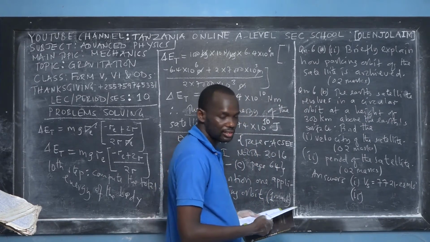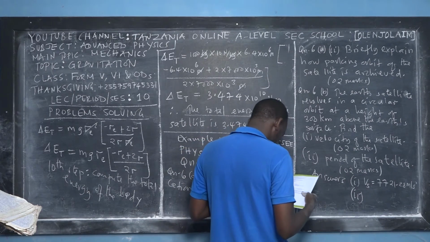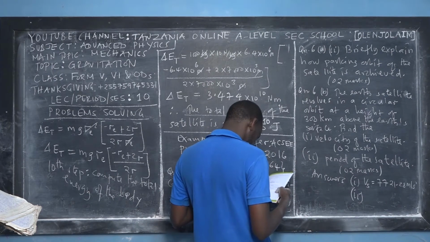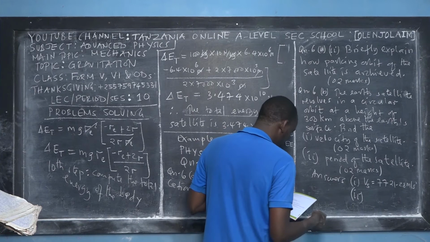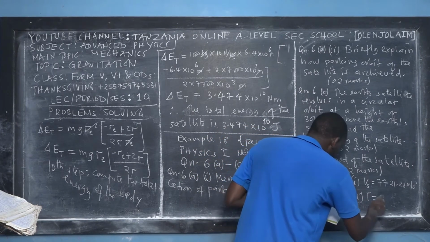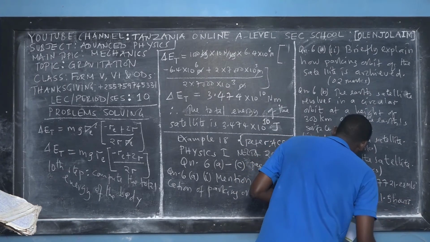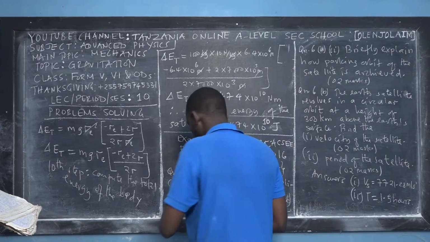You remember that? So you have to differentiate it from the one we found, 30 kilometers per second. And then the period of revolution, period T, you have to make sure that you get 1.5 hours.